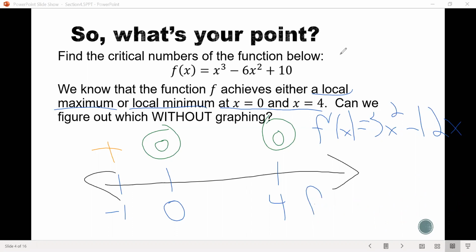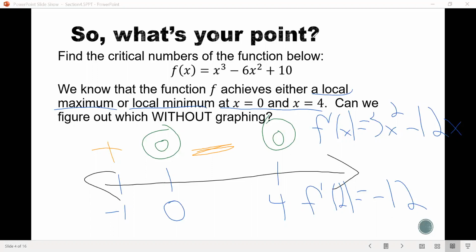So I'll do f prime of 2. And I'm not going to write that out this time. Let's see, we'd have 4 times 3, 12, minus 24. Looks like we would get -12 as our value there. And so we see that as negative. So we know that for values between 0 and 4, the values of the derivative are negative.